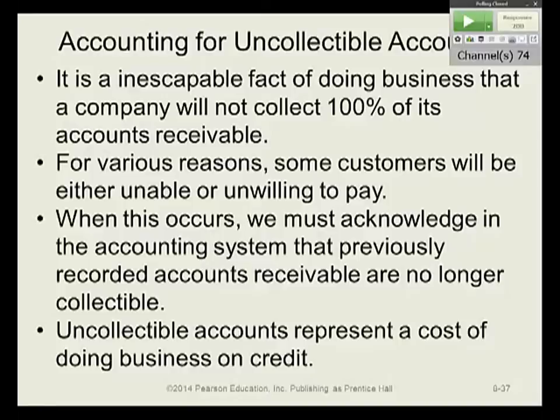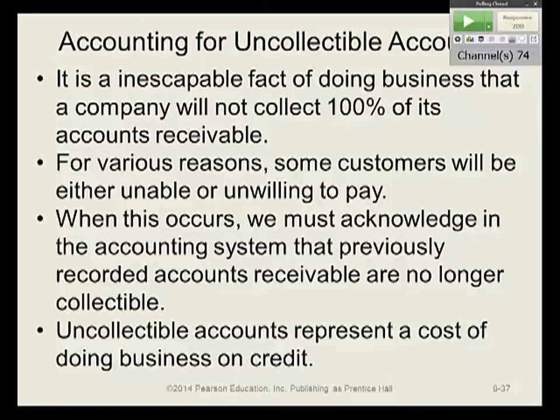The cost of selling on credit, which is the bad debt expense, should be recognized in the year of the sale. And remember that concept?